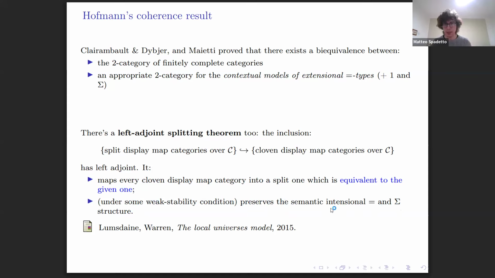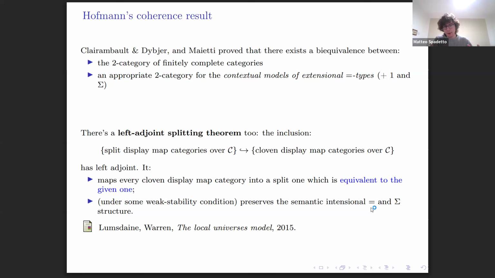So this time we have a result for intensional identity types, and the stability conditions that need to be verified in order to have this type theoretic structure maintained when you split a pre-model are weaker than the pseudo-stability, because in this case you only need that when you reindex the formation rule and the introduction rule of a given type former, like intensional identities, then in the domain of your substitution, you need to be able to find a new, in general, elimination rule that makes the reindexing of the introduction rule and the reindexing of the formation rule into a new type former of the same kind.